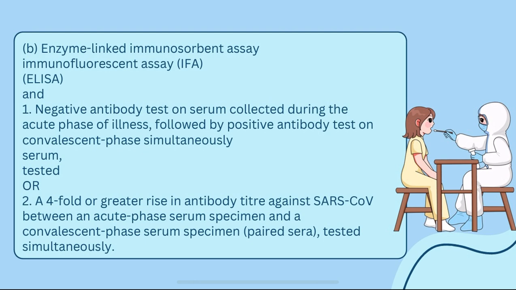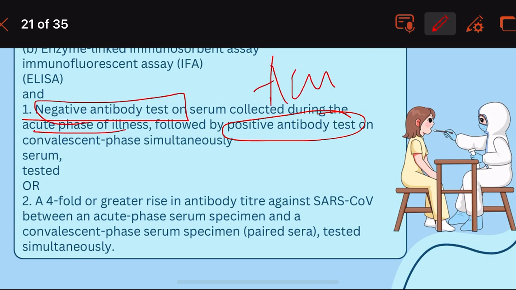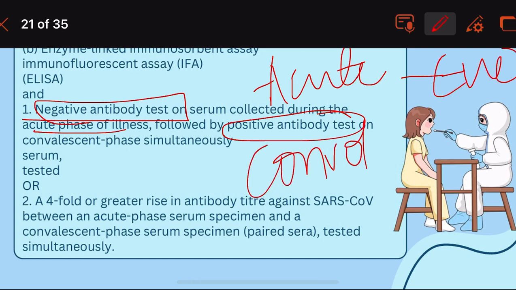So we see that during the convalescent phase, when the body is recovering from the illness, the antibody test was positive, and during the acute phase, when the patient was acutely ill, the tests were negative.